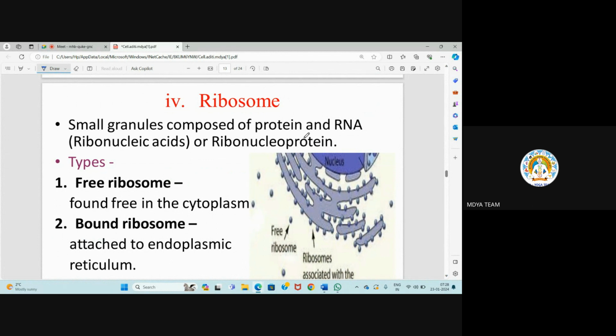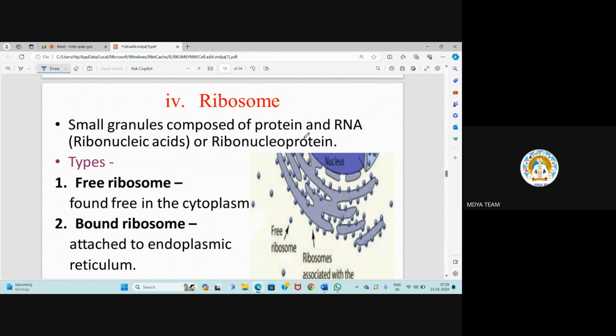Okay, now these ribosomes are also of two types: free ribosomes, bounded ribosomes. Obviously, it is very clear that free ribosomes are free in the cell and bounded ribosomes are bounded with rough endoplasmic reticulum, because endoplasmic reticulum is rough when it is bounded with ribosomes.